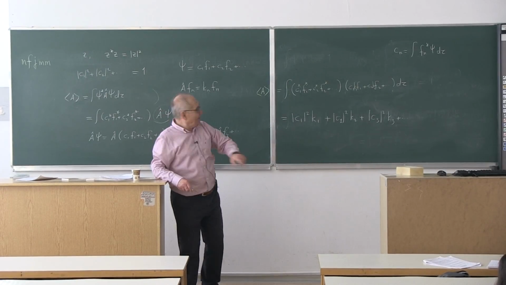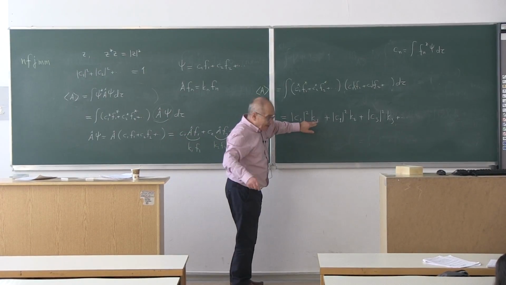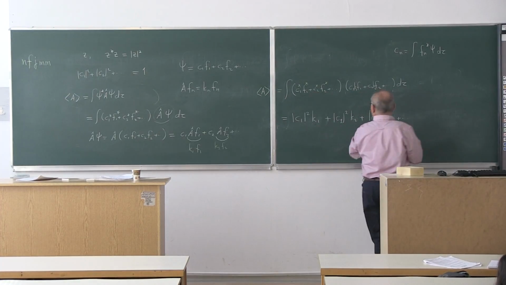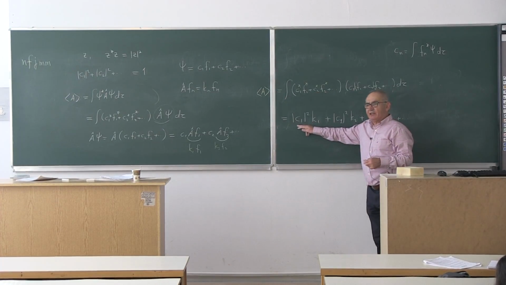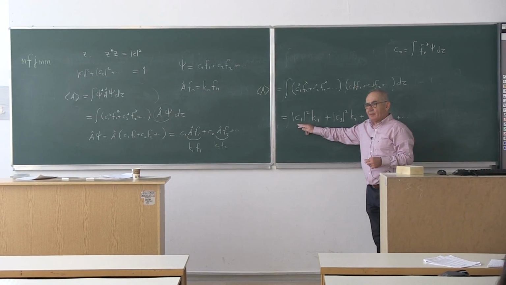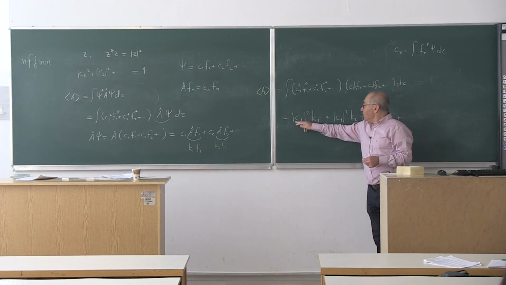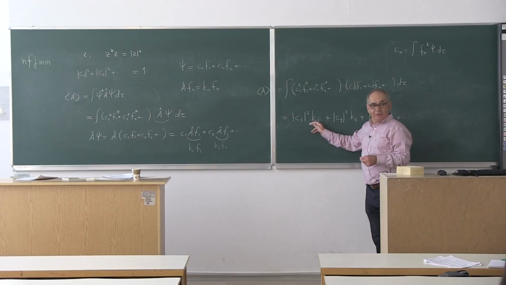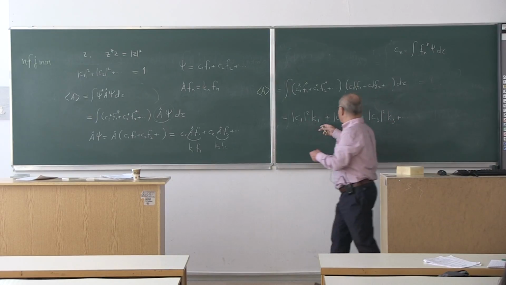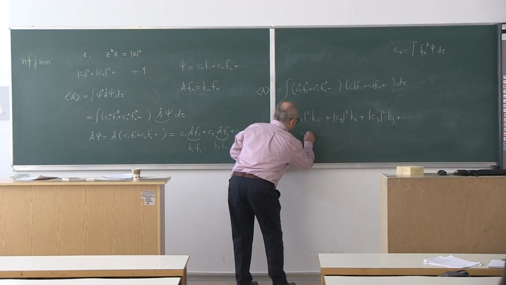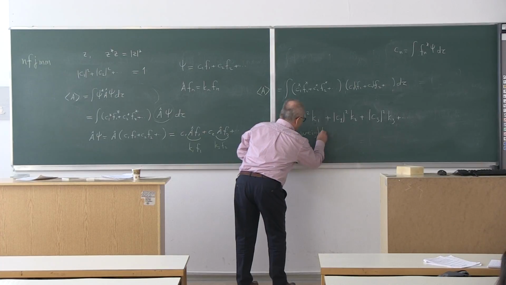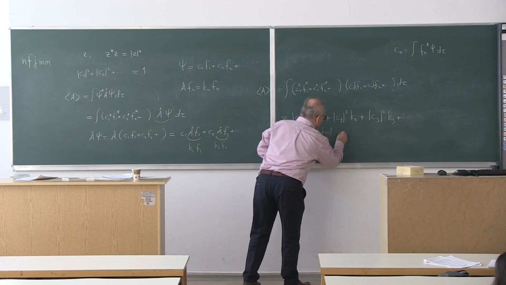All right? Here are those eigenvalues, K1, K2, K3, but each eigenvalue is multiplied with something. These are weights of each eigenvalue. So this is a weighted average.